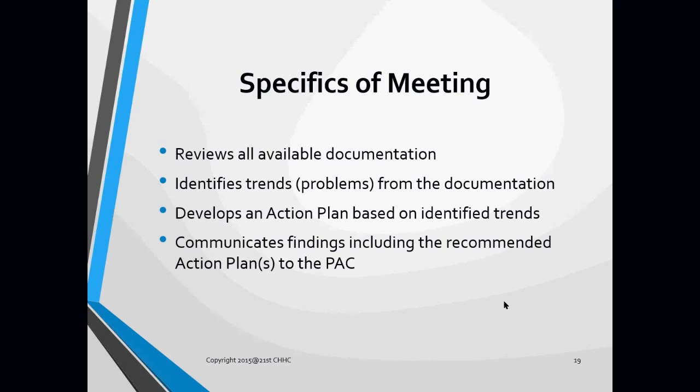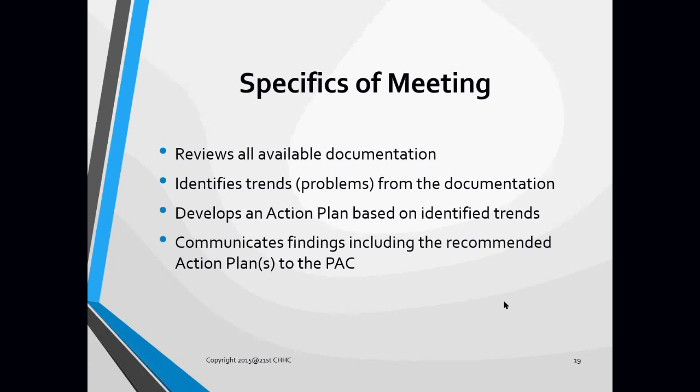Once the action plan is developed by the QAPI, that's going to be communicated to the PAC. And that's going to be done in the minutes of the QAPI committee. When we develop an action plan, we're looking at some of the following elements that should be included.